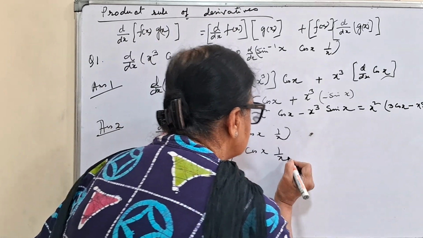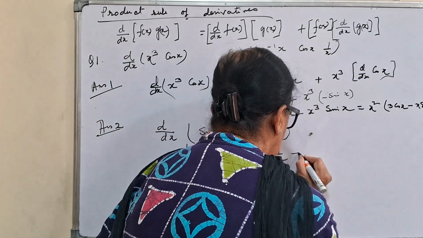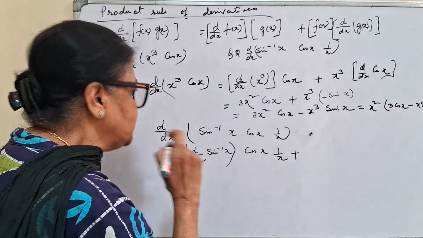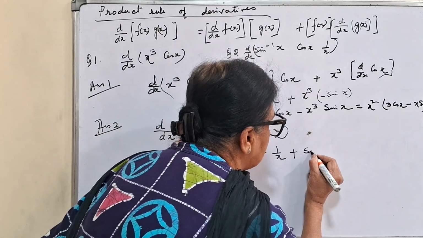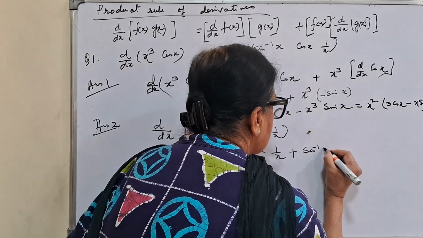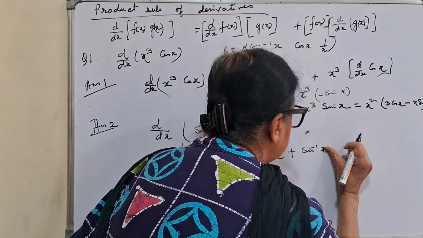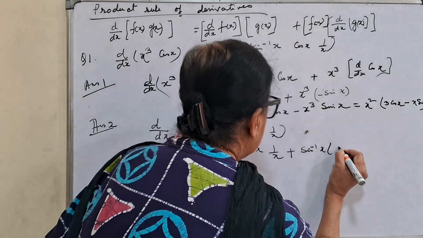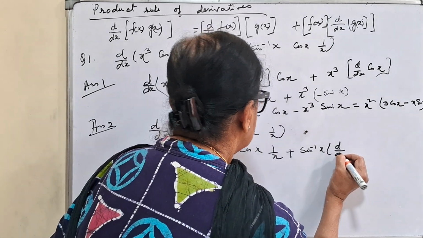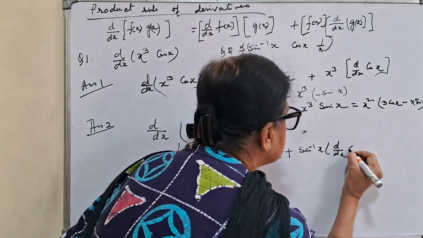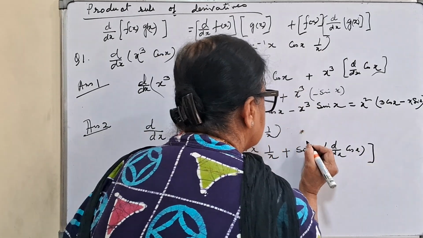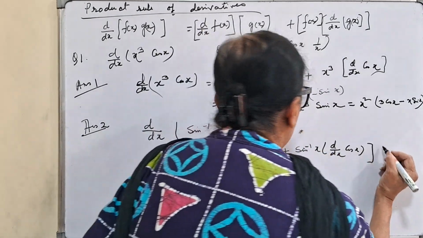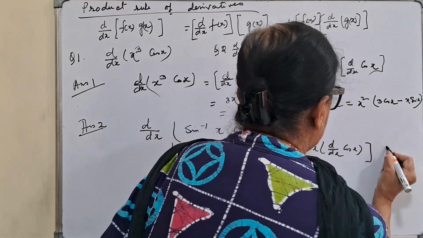Plus, the first function stays as it is: sin inverse x into d/dx of cos x into 1 by x.